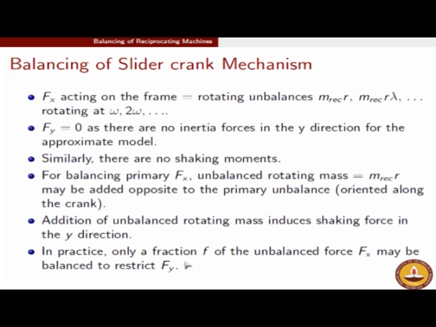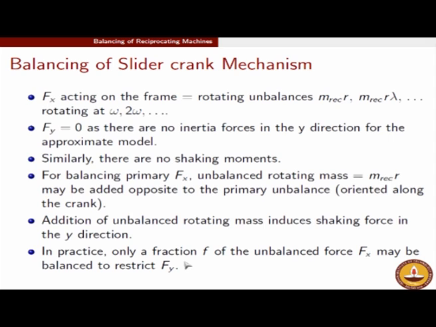So in practice, only a fraction of the unbalanced force in the x direction will be mitigated. That will lead to a fractional quantity of unbalanced force coming in the y direction, but we will not try to completely balance the x directional forces, because if we try to completely balance them, the y directional forces will completely take effect.